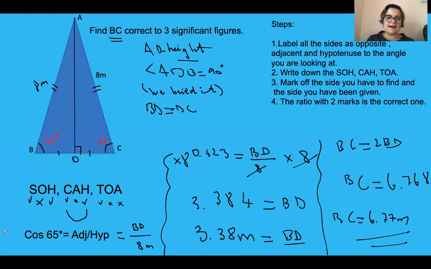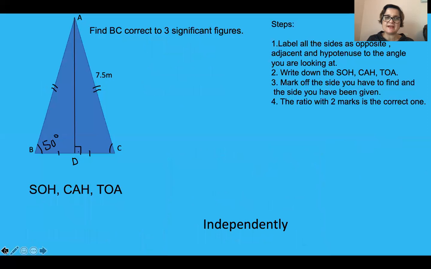What I have prepared here for you is a question that is very similar to this one. I just changed the angle and the length of the sides, but you have to follow exactly the same reasoning, work independently, follow the steps, and use the calculator. Make sure that you answer the question.